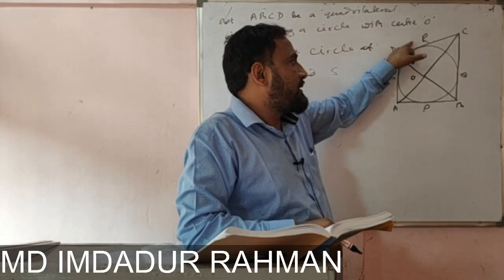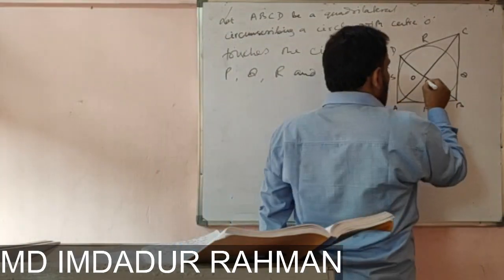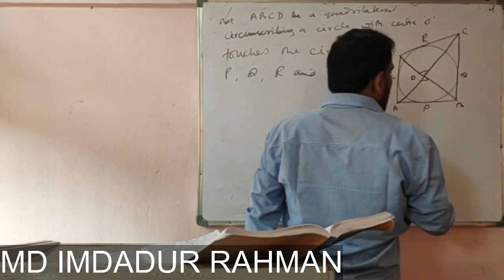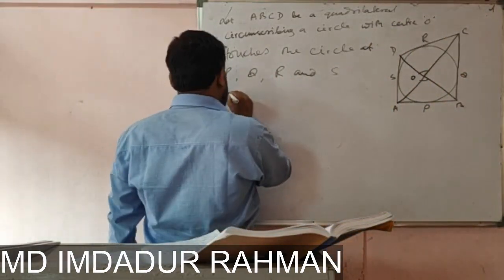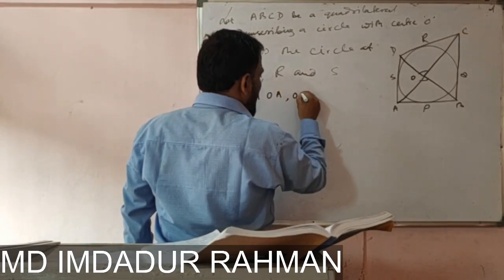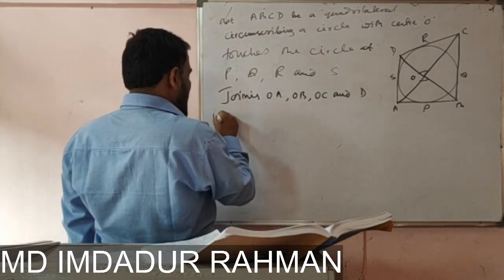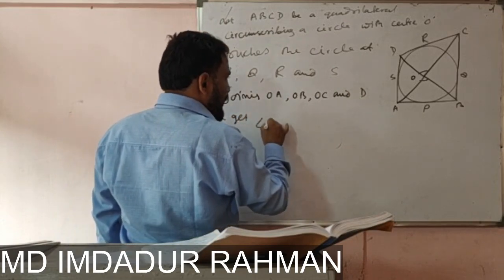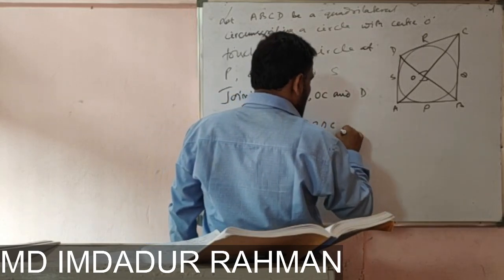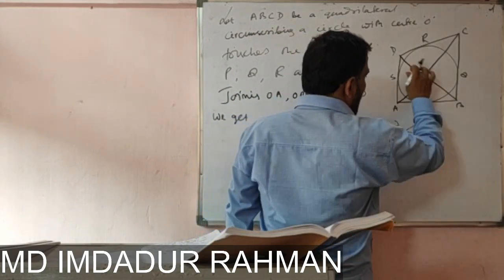These opposite sides make supplementary angles at the center. That is, if we join OA, OB, OC and OD, then four angles are formed: angle AOB, angle BOC, angle COD and angle AOD.